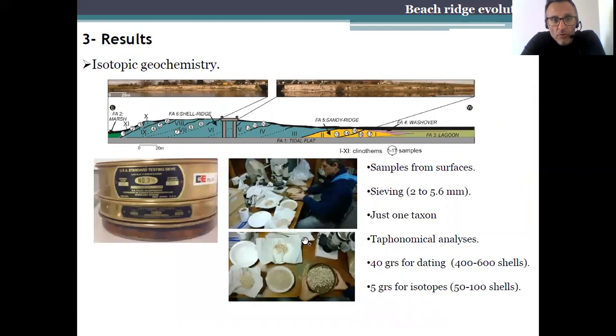For isotopic geochemistry, we use a very strict method. We only use particular samples very near the top or on the surface, just one taxon, with a very strict taphonomical analysis. For example, one dating is constituted by 400 to 600 shells. That's a lot.